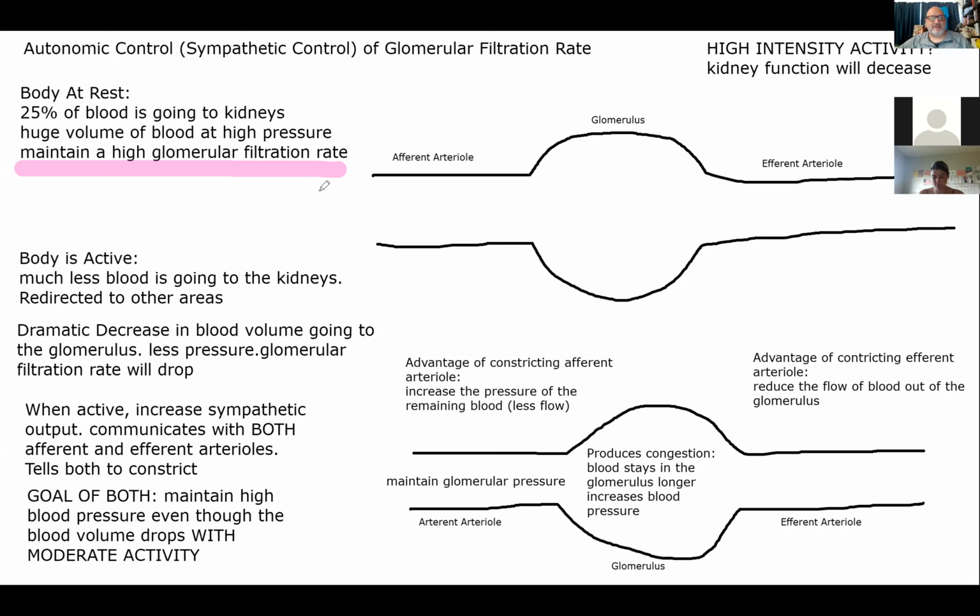When we're active is when we're getting less pressure, when we're getting less blood, and that is what we have to compensate for. So that's why when we're active, our sympathetic nervous system, by constricting the afferent and efferent arterioles, helps us to compensate for the lower pressure, for the lower amount of blood, to maintain the high pressure needed to be able to maintain normal filtration rates.